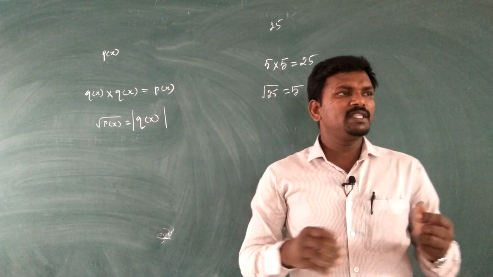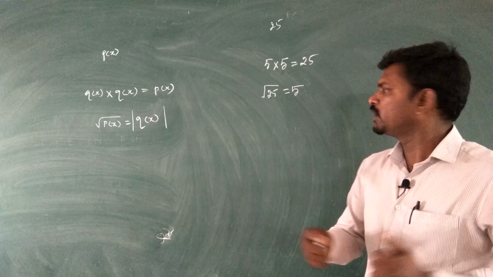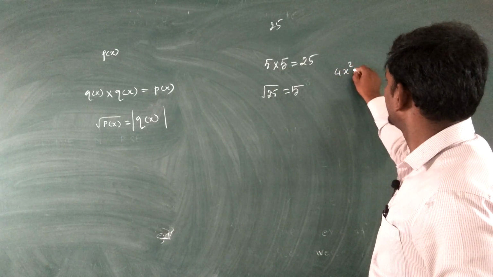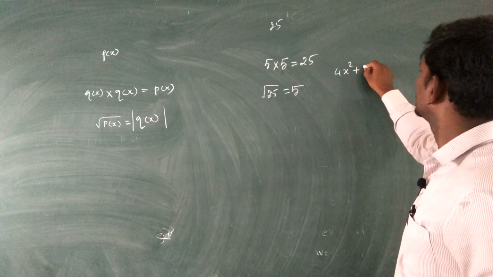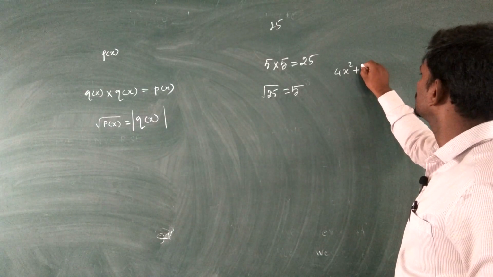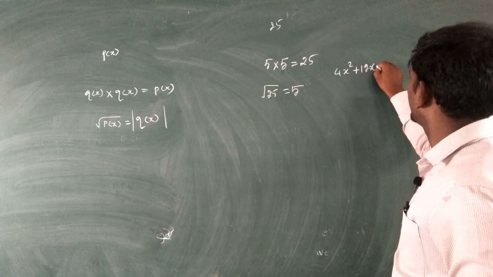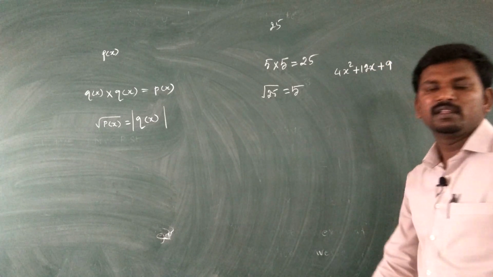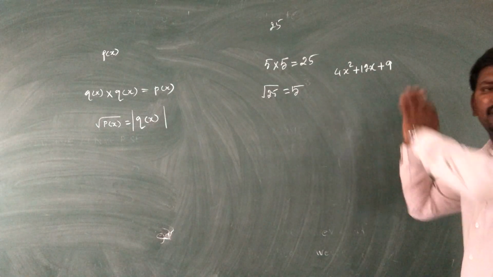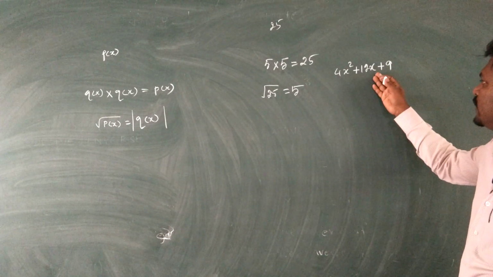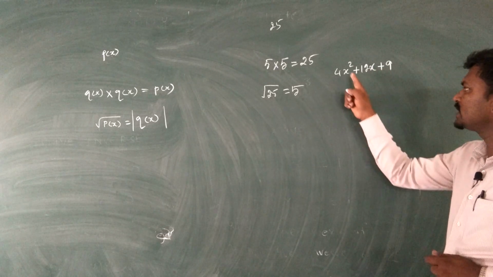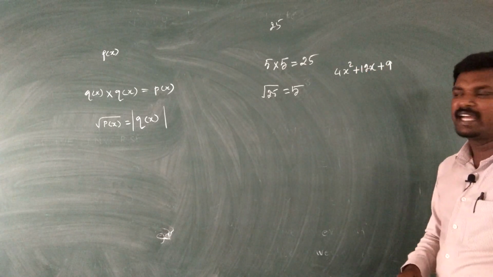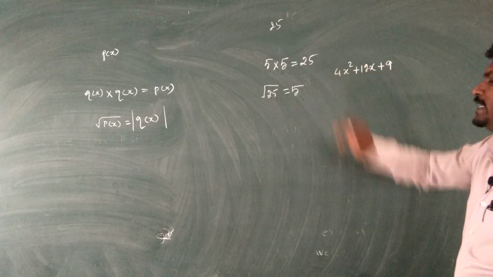So when we think about a polynomial, for example 4x square plus 12x plus 9, is this a perfect square? It is a quadratic polynomial because the highest power is 2, and it is a trinomial, it has 3 terms.